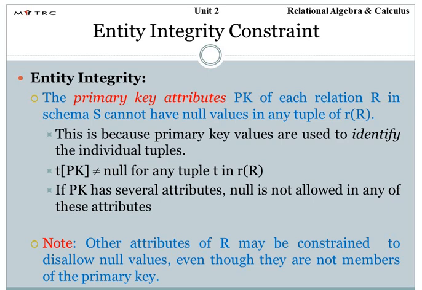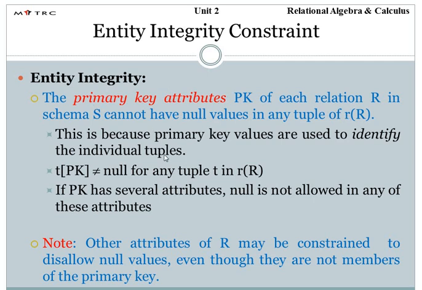What happens in the entity integrity constraint? It states that the primary key attribute PK of each relation R in the schema S cannot have a null value in any tuple. That means if we have a primary key in a relation formed from the schema S, the value of the primary key attribute cannot be null for any tuple of the relation state.